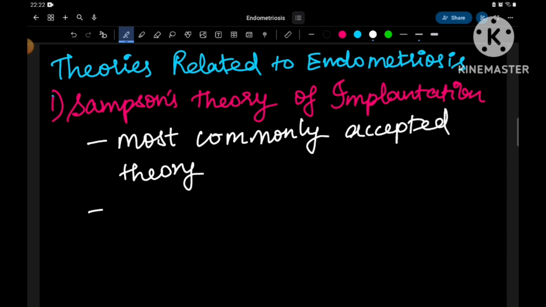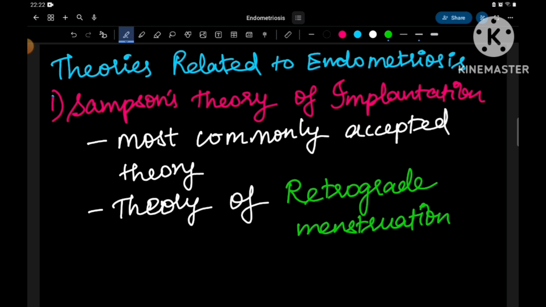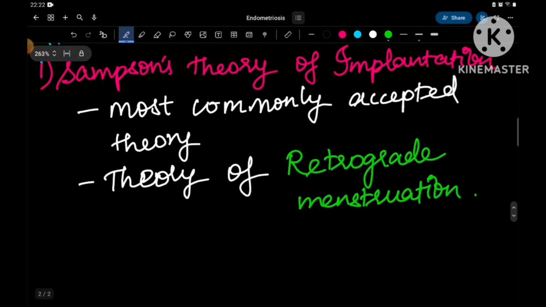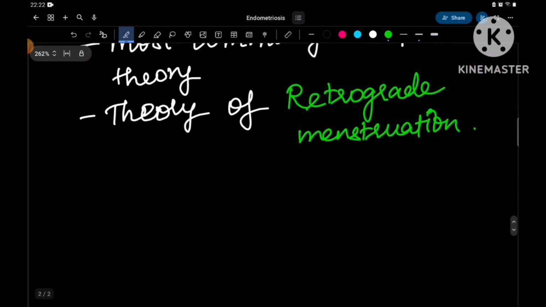Retrograde menstruation is backflow. So this is a theory of retrograde menstruation. Yes, there is backflow. What is retrograde? It is backflow. Okay, this is Sampson's theory of implantation.